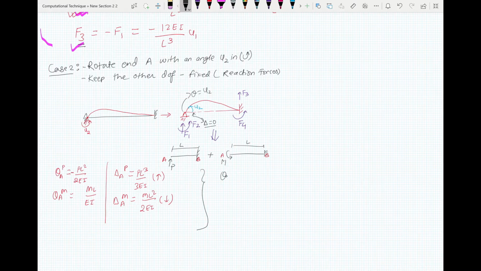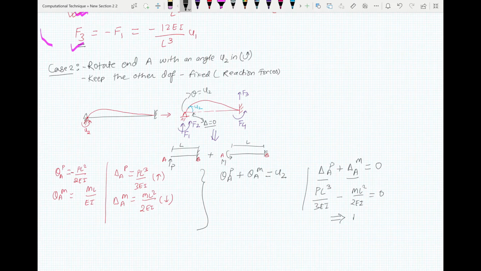If you use superposition, then your rotation due to force P and rotation due to moment M should be equal to u2, and your displacement due to P at A plus displacement due to M at A must be equal to 0. Using this condition, you get the relation between P and M, where M will be equal to 2 by 3 PL.